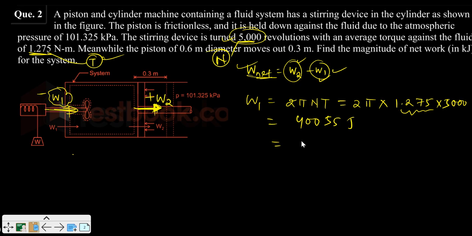In terms of kilojoule, this is nearly 40 kilojoule. So this is the value of W1.